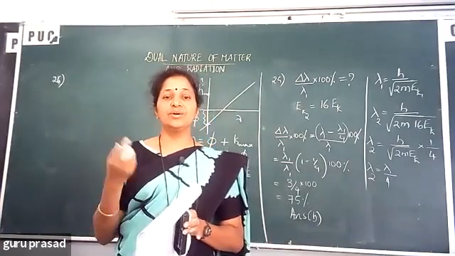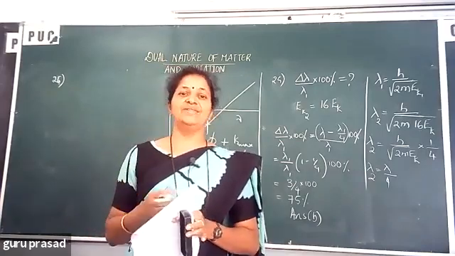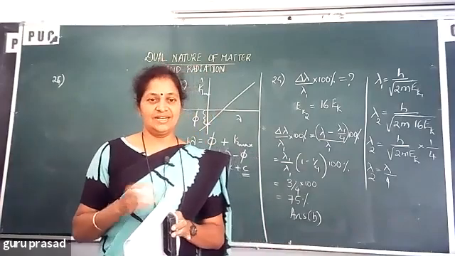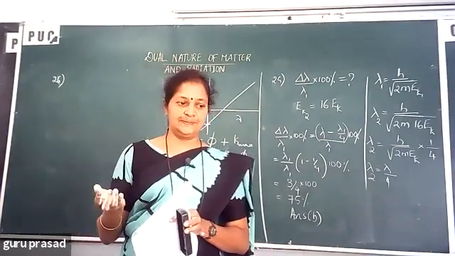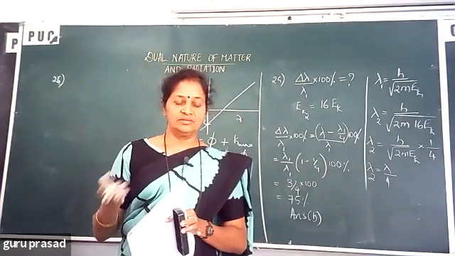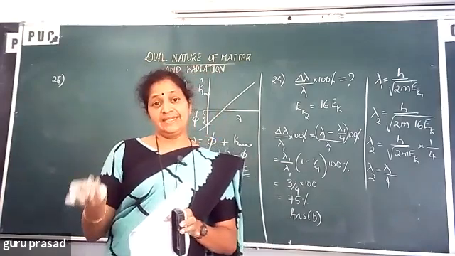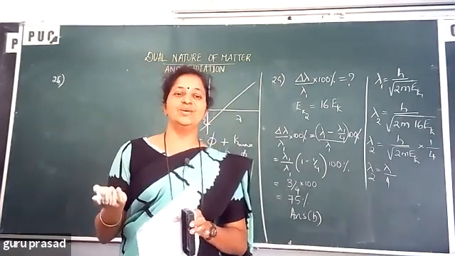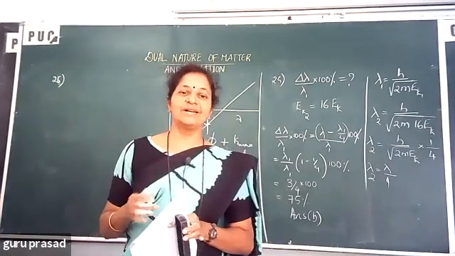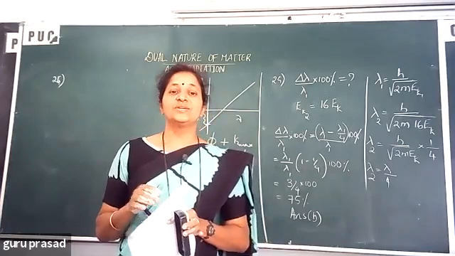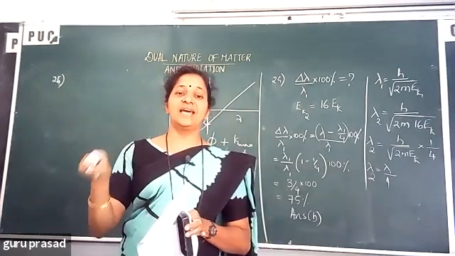Later, after ten years, de Broglie explained that the electron behaves as a wave.